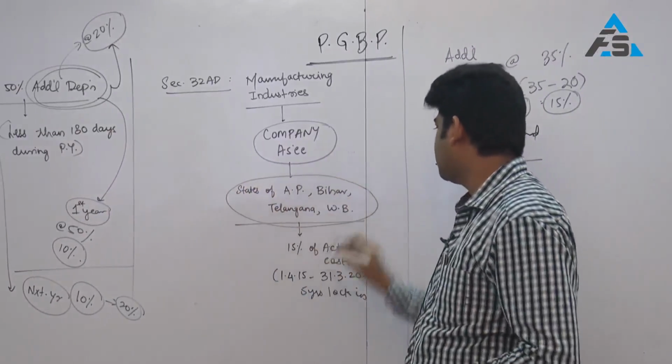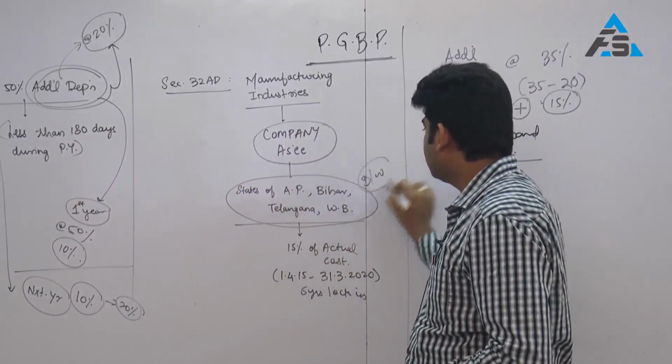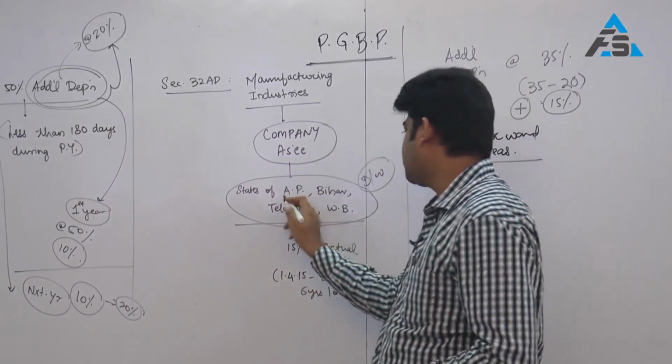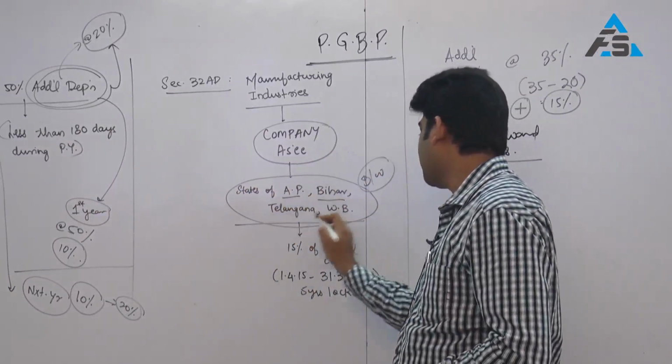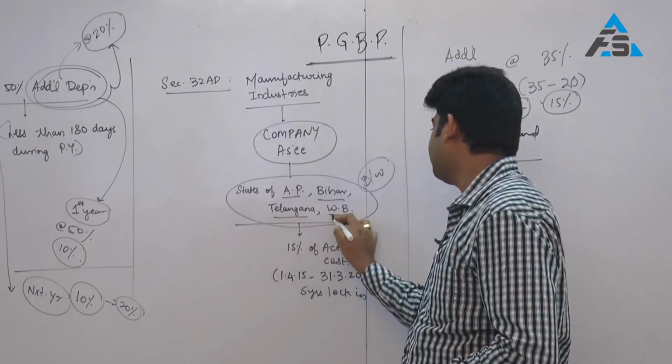Moving on, section 32 AD speaks of manufacturing industries again, but this time in the backward areas as per the income tax department: the backward areas of Andhra Pradesh, Bihar, Telangana and West Bengal.